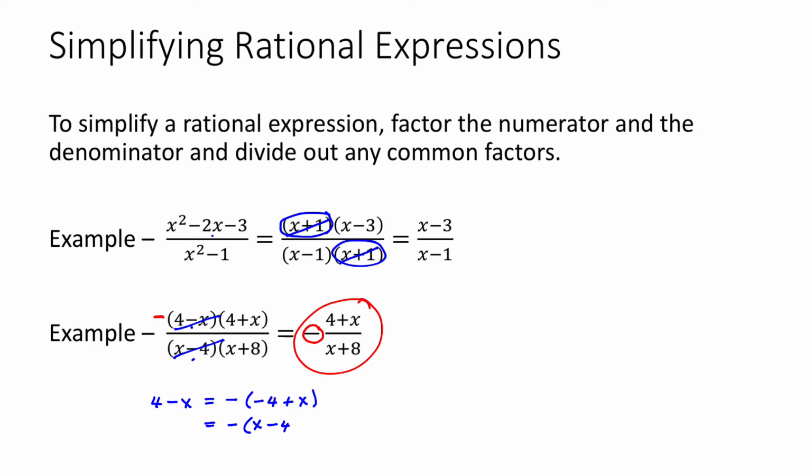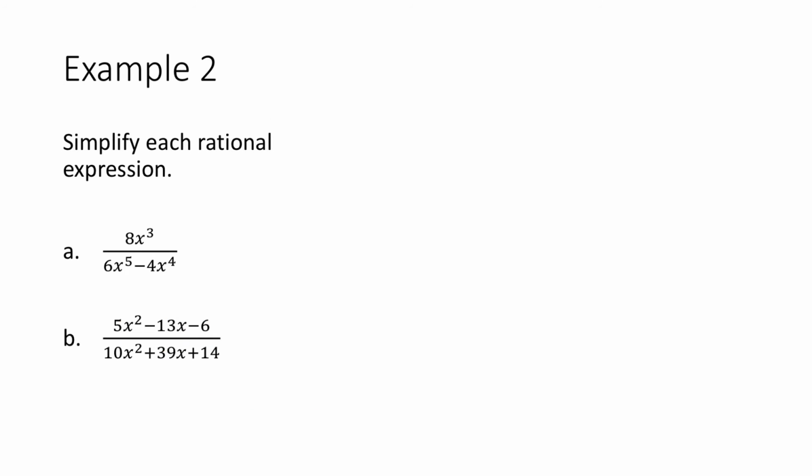So now let's do a couple of examples. Here I want to simplify each rational expression. In A, I have 8x to the third all over 6x to the 5 minus 4x to the 4. The numerator is just a monomial, so I just bring that over.